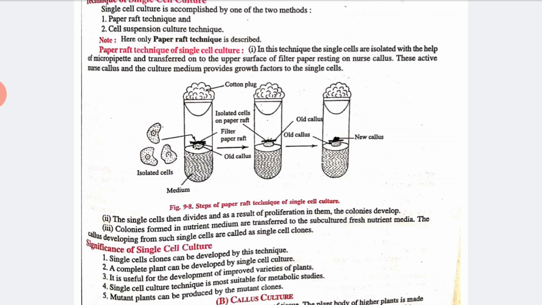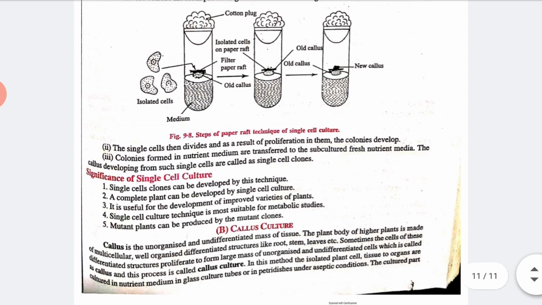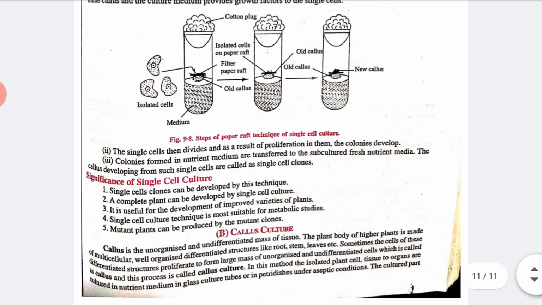After some time we see the isolated cell on the paper raft and that old callus. After putting it for a long time, from that old callus we find the new callus inside that medium. So this is the technique of single cell culture.